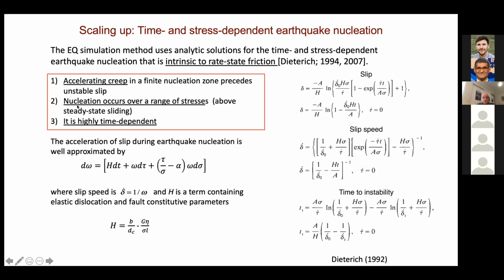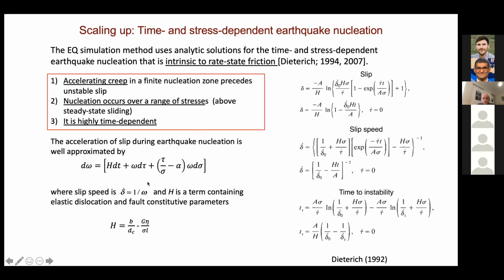So there's no longer a single failure stress, there's a range of stresses, and the time to instability is highly time dependent.